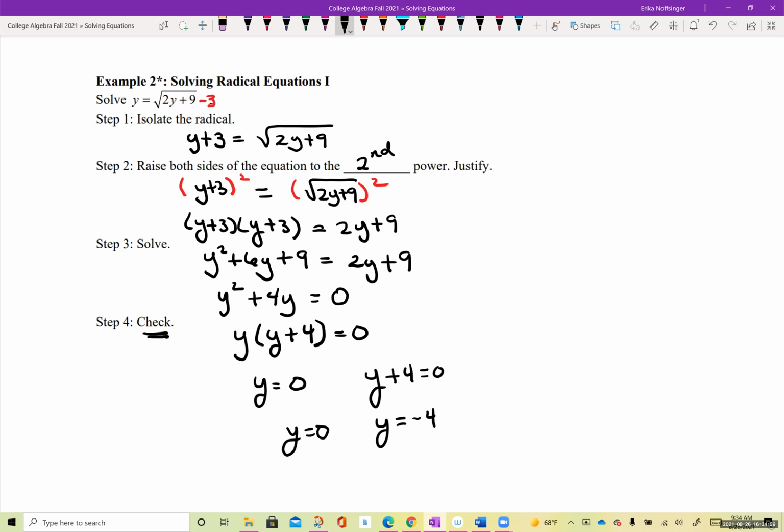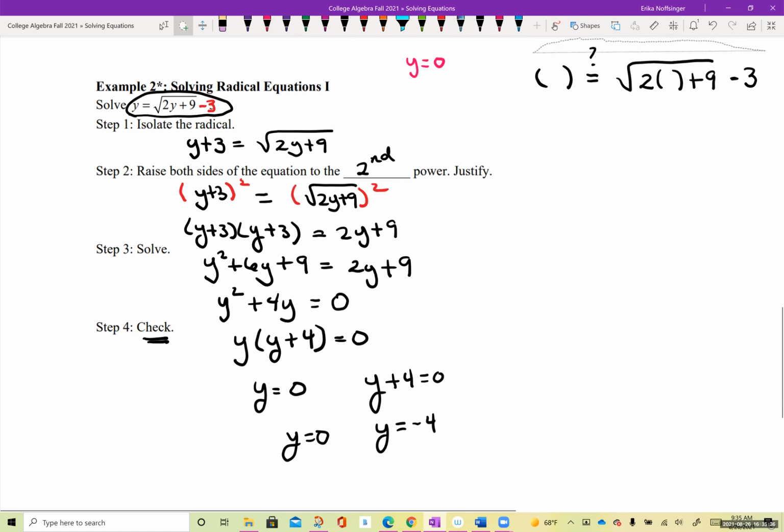So we need to check. So wherever I see a y, I'm going to place parentheses there in the original equation. Is this equal, question mark, square root, I see 2, I see a y, so let's put parentheses, plus 9, outside of the radical, and then a minus 3. So let's look at when y equals 0. So I'm going to plug in 0 wherever I see a y, and I'm going to simplify.